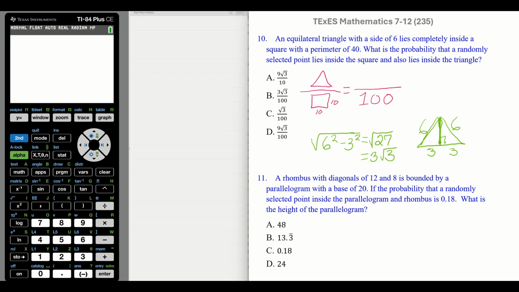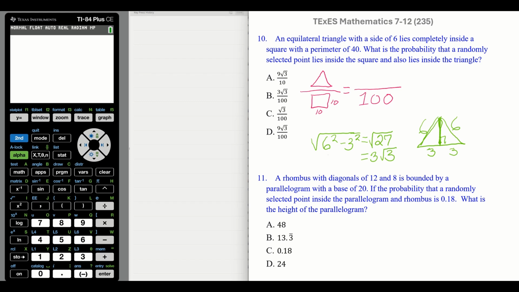I'm doing this quickly because I happen to know this from many years of doing these type of calculations. So we have 3 square roots of 3.